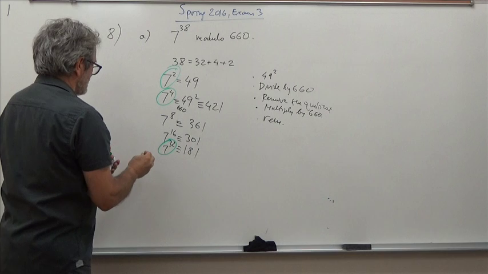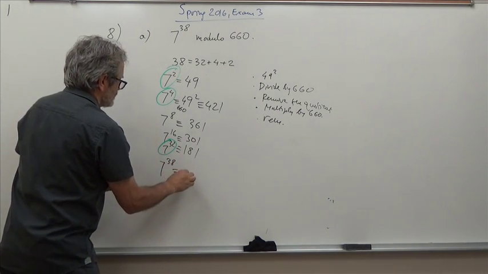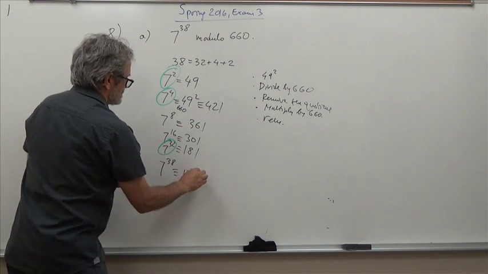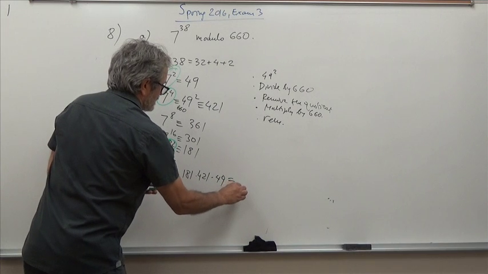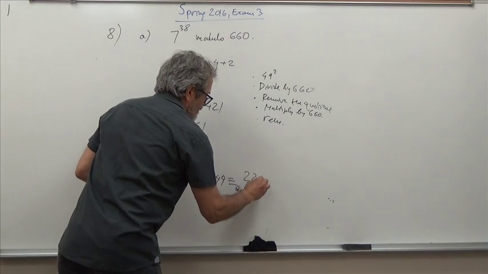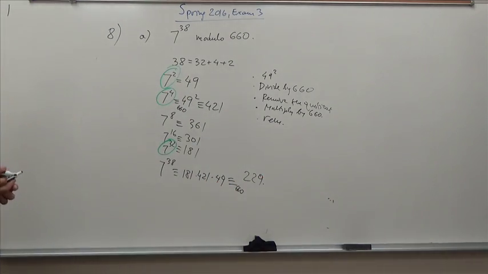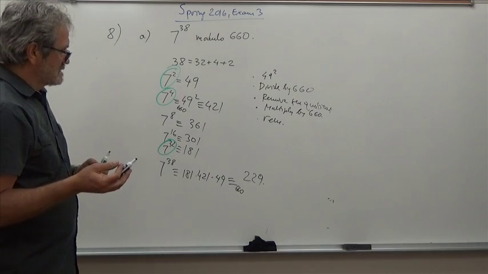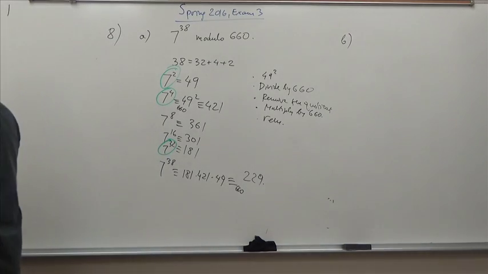So I multiply, so 7 to the 38 is congruent with 181 times 421 times 49. You put that in the calculator, reduce mod 660, and you get 229. As I said, the same way that we did it in the lecture notes or lecture videos and also what you had in your quiz number 12, that you probably, by the way, did really well.